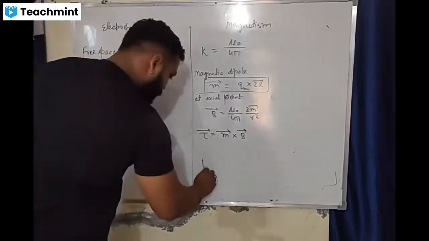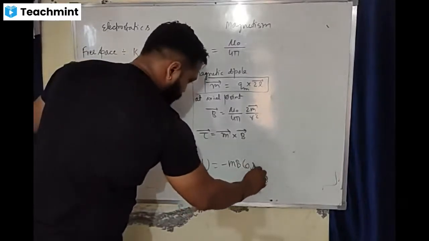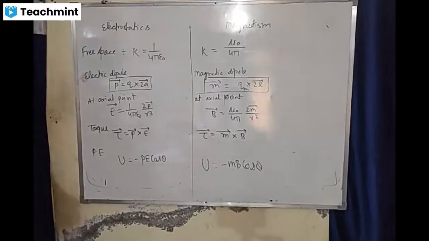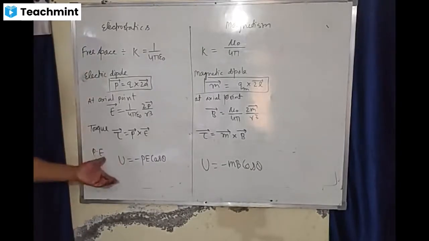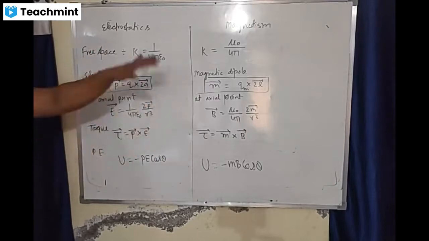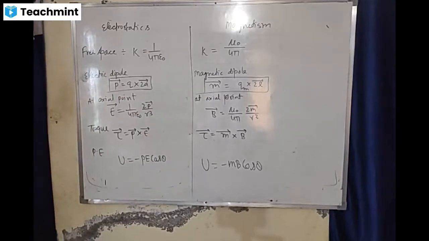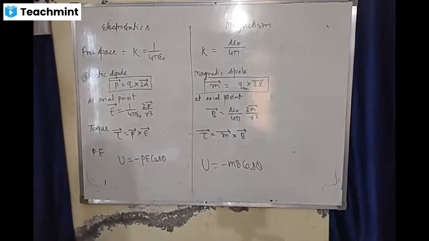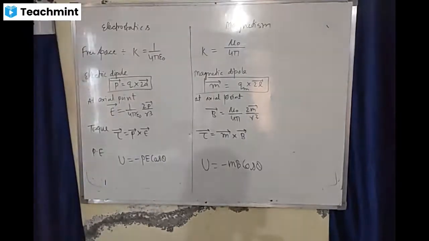Here it is given by U equals minus MB cos theta. So whatever we are discussing in electrostatics, the electric field due to a dipole, the torque due to a dipole, or the energy due to a dipole, in magnetism they are similar. So this is the analogy between electric and magnetic dipoles, and somewhere they both are related to each other.